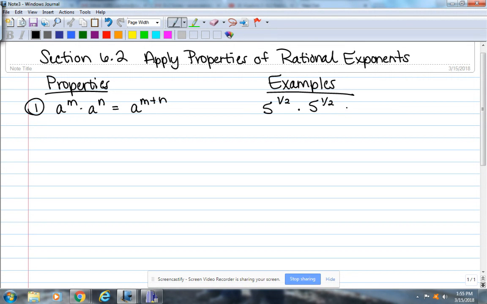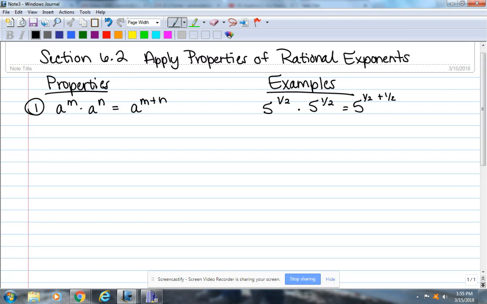Same base. They both have a base of 5. So we're going to add the 1/2 plus 1/2. What is 1/2 plus 1/2? They already have the same denominator. A half plus a half is one whole.